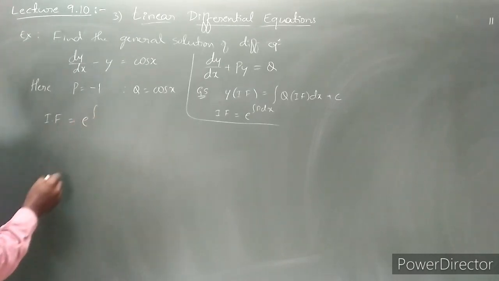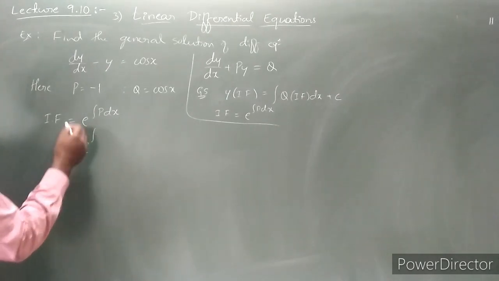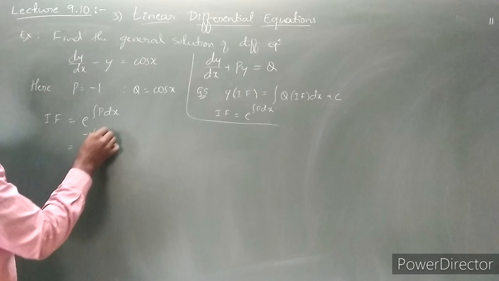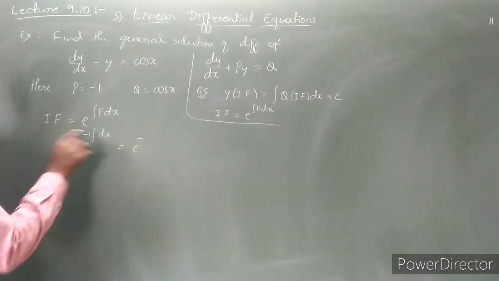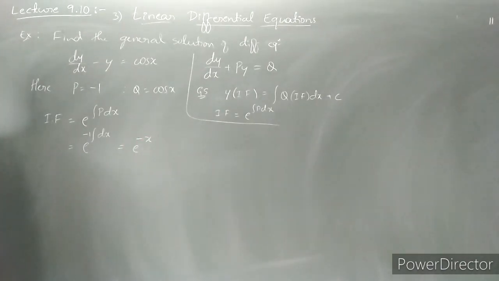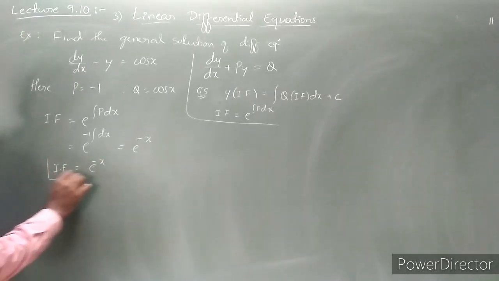The formula is static: e power integration of p dx. What is the p value? -1. I just write it outside the integration sign, into dx, is equal to e power minus integration of 1 with respect to x, which is x. E power minus x is the required integrating factor.